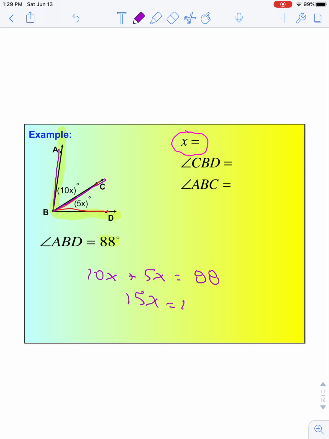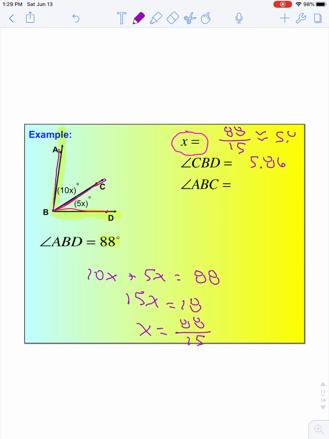So we have 15x equals 88, and when I divide each side by 15, I get x equals 88 over 15. So that's the value of x, 88 over 15, which if we want to, we can either use 88 over 15, or we can go ahead and divide 88 by 15, and that gives us 5.86 repeating.